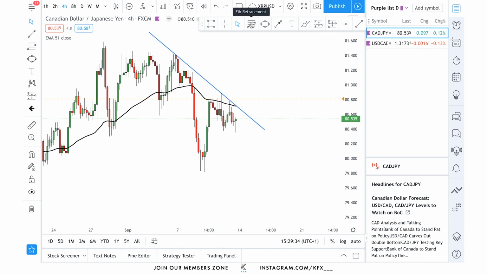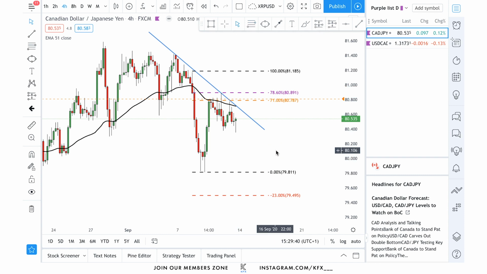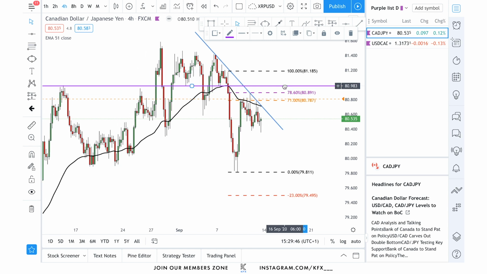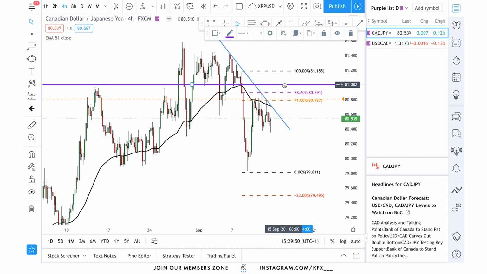The next thing that we do is we get our fib retracement, do it from the last significant high to the last significant low, so it's there to there, which is fine. The next thing we do is get the horizontal line and we stick it on. I can see there's a psych level right here, 81, okay? Psych levels are basically round numbers, the figures where the big banks move their billions of pounds, they have their orders set at these levels, and we can use this institutional style of trading to our advantage.